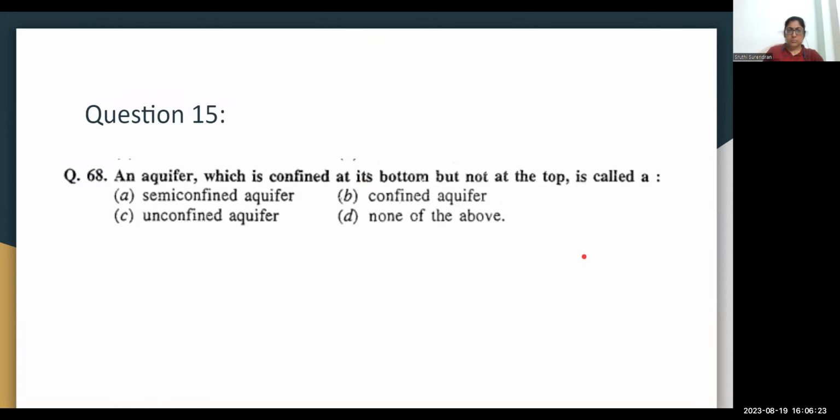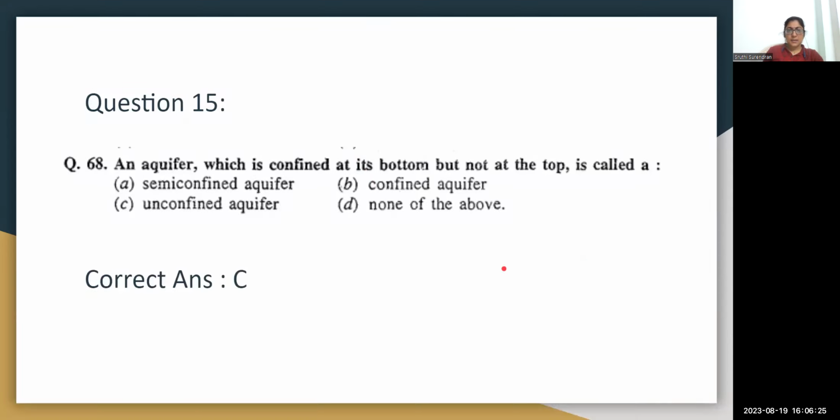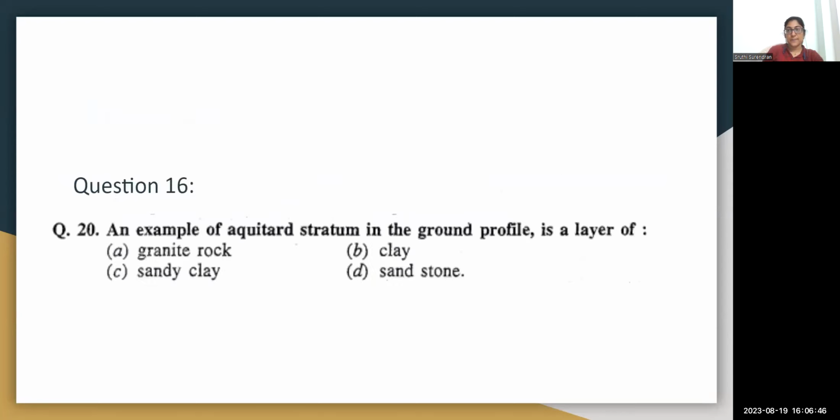The answer is C. A confined aquifer is when its top and bottom are confined. That is, top and bottom there are impermeable layers. Unconfined aquifer is when only the bottom has an impermeable layer and water is accumulated on the top. There is no confining layer at the top. So the correct answer is option C, unconfined aquifer.